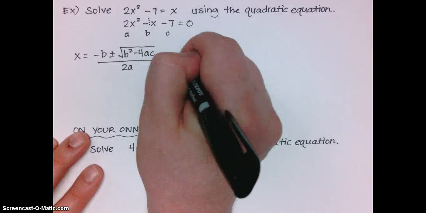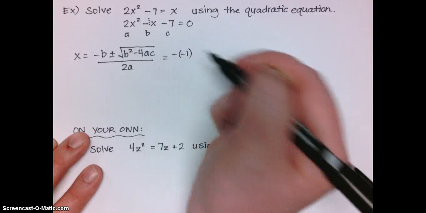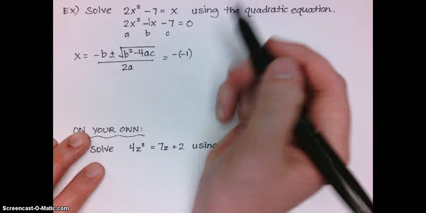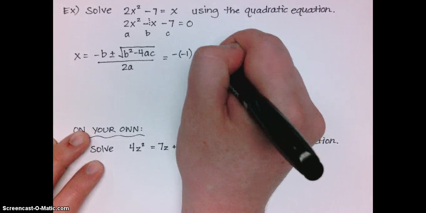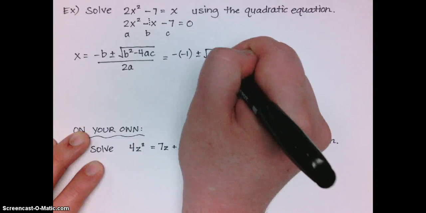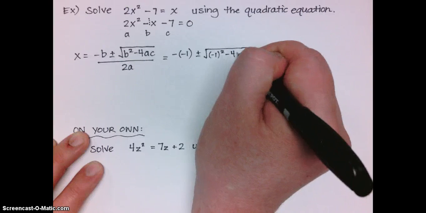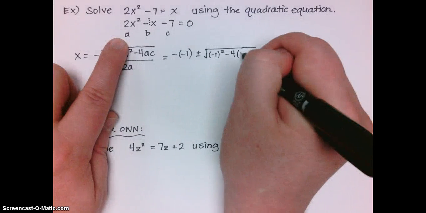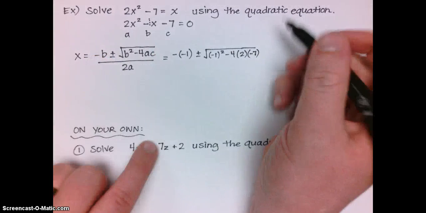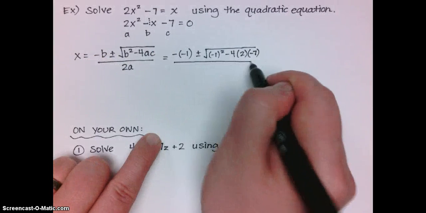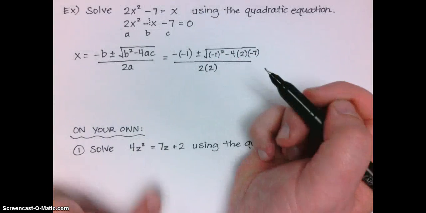So, negative b, and b this time is negative 1, right? So I'm going to have two negatives there, which is going to turn into a positive, plus or minus the square root of negative 1 squared, minus 4 times a is 2, times c is negative 7. All of this is going to be divided by 2 times the a is also 2.